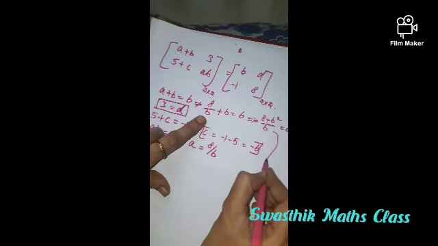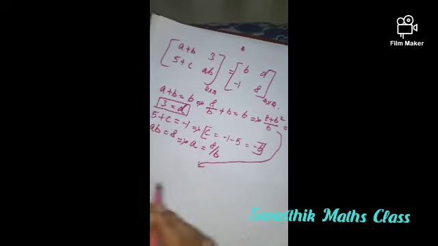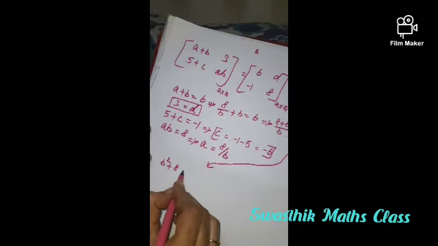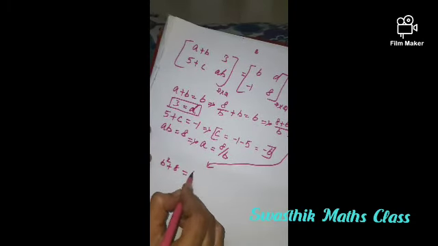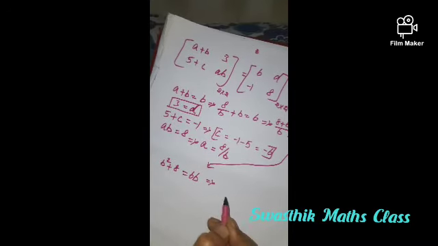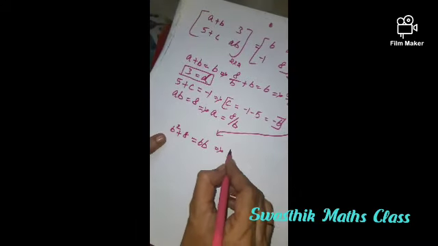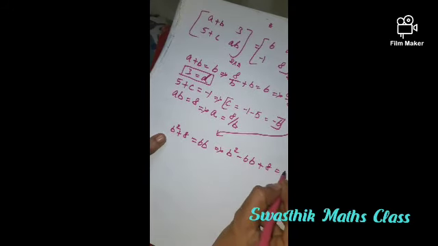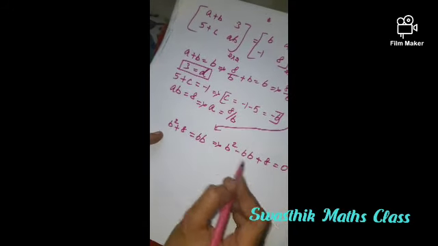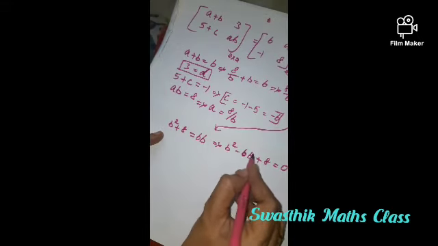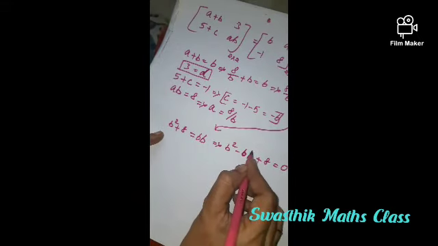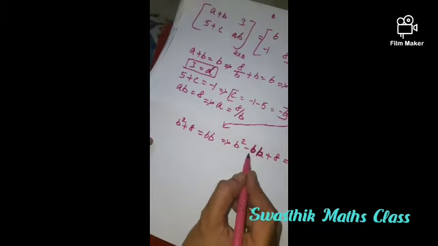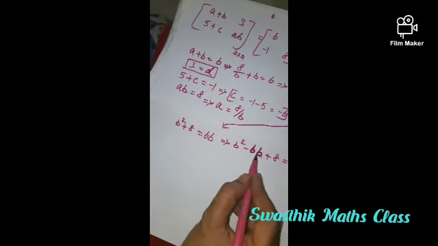So B square plus 8 is equal to 6B, or otherwise we can write B square minus 6B plus 8 is equal to 0. Now, this is a quadratic equation. This is 6 and this is B. Both look the same, so be careful. This is not 66, this is 6B.